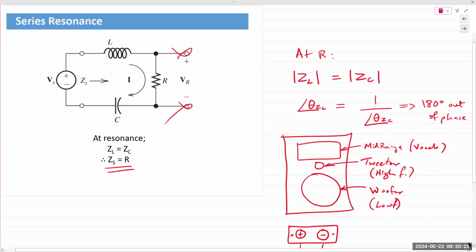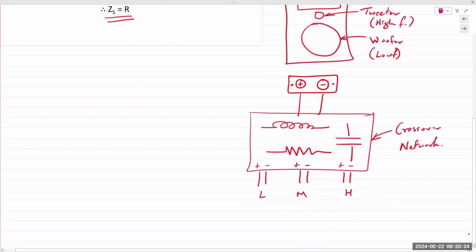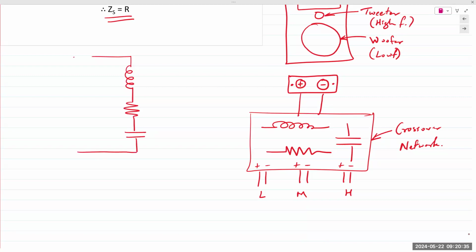Now, if it's series resonance, let me redraw it down here. R, L, and C, and you apply the input. Let's say this is L, R, and C. Let's say the inductor was not present in the circuit.